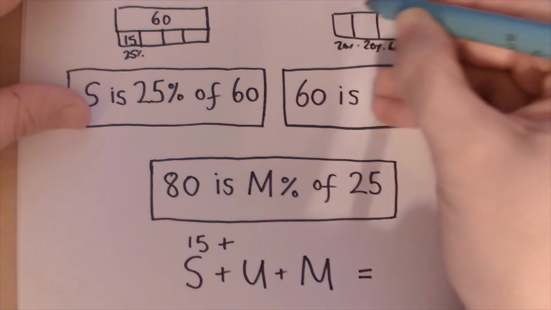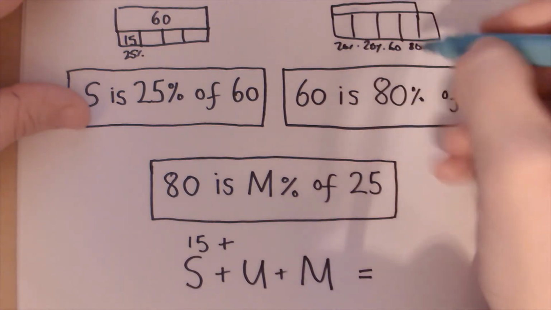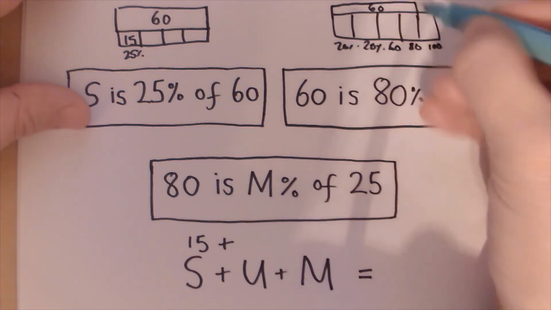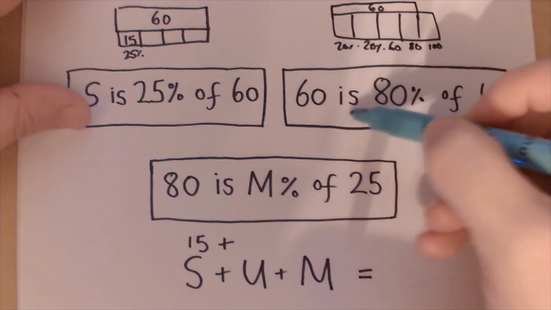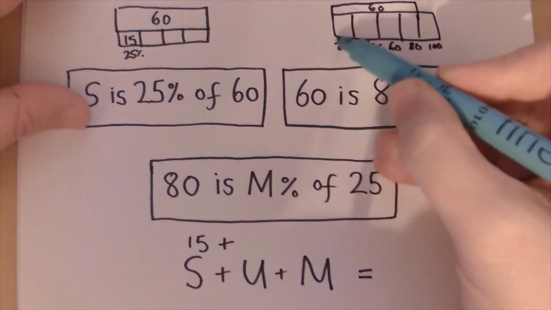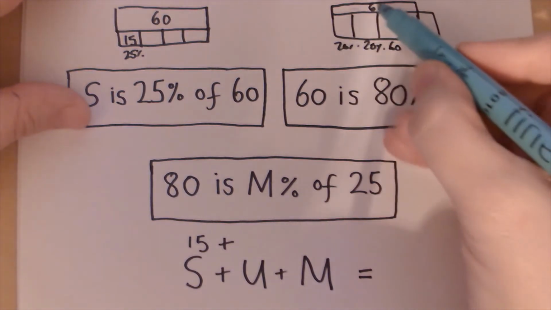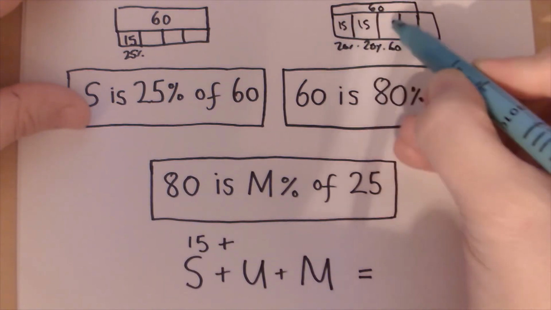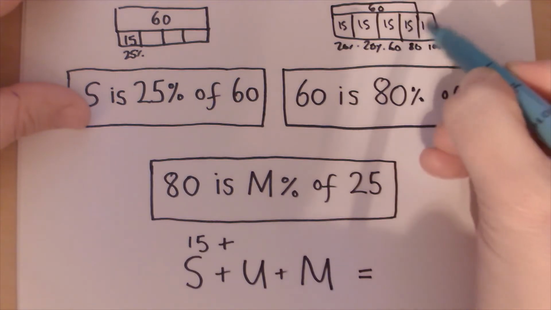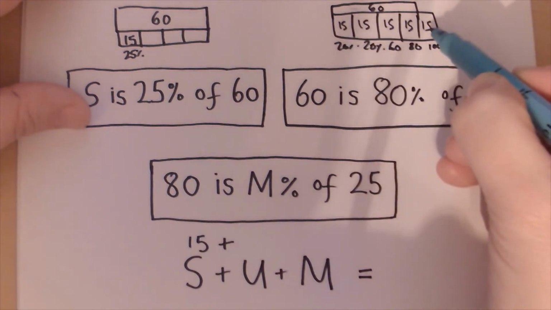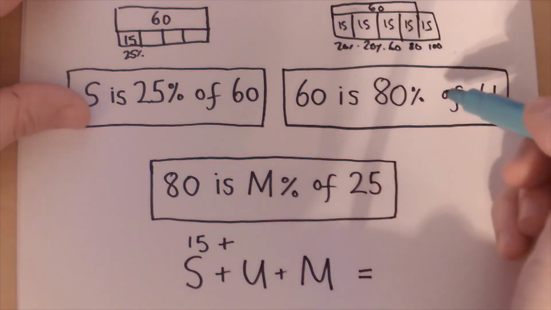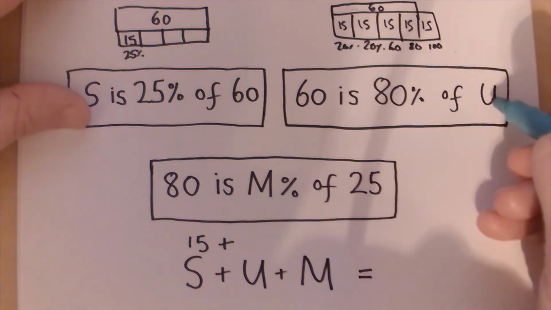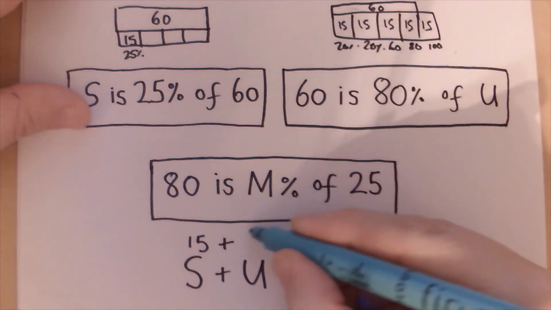But 80% of it is worth 60. So if that's right, half of it must be 30, so these must be 15 each. So now I know they're all 15. 5 15s is 75. So U must be 75.